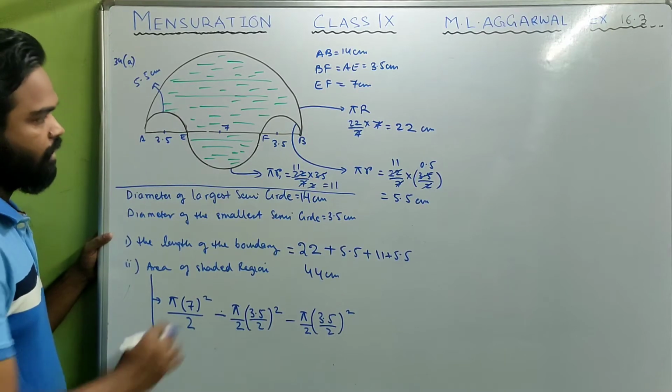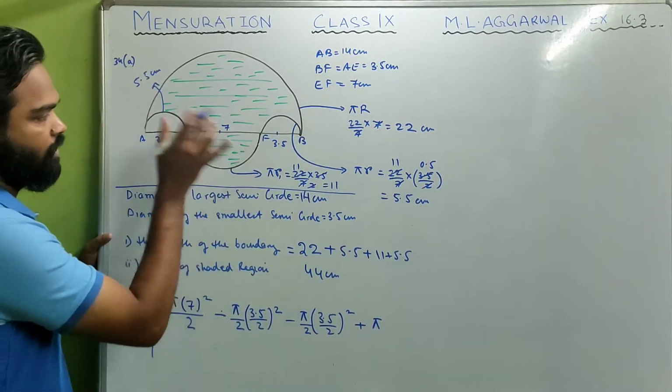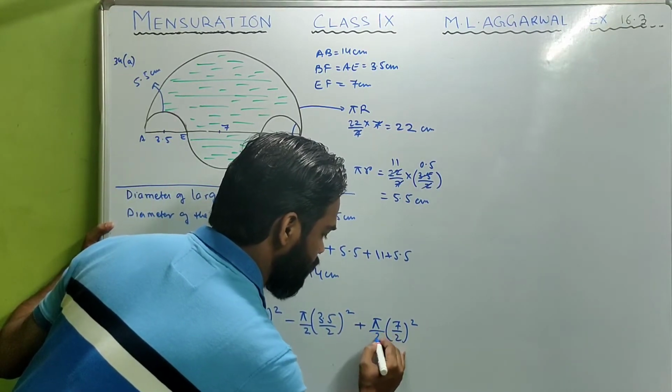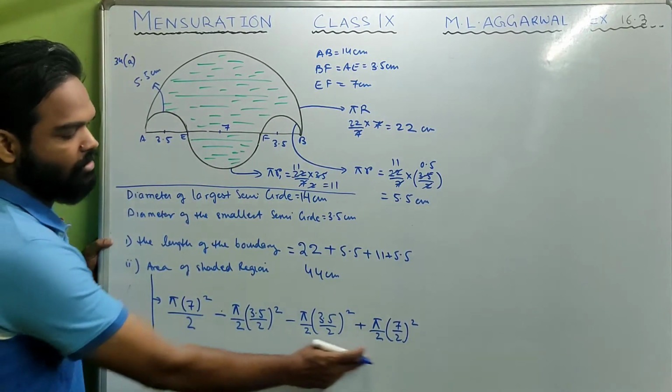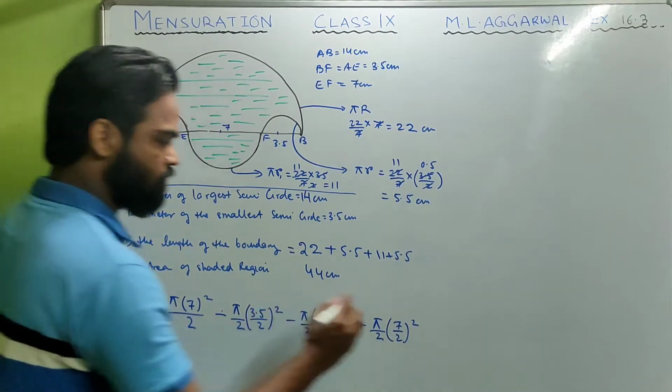Am I clear? Plus the area of this region, which is pi, and the radius is 7 by 2 whole square by 2. Am I clear? So that will be the area of the shaded region. You just substitute the value and get the answer.